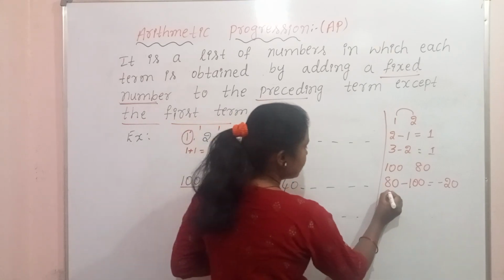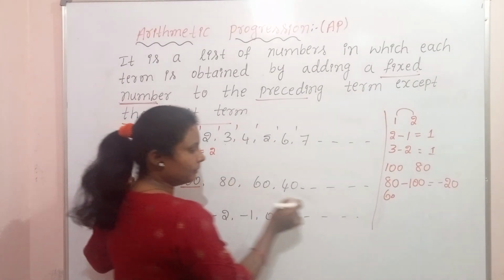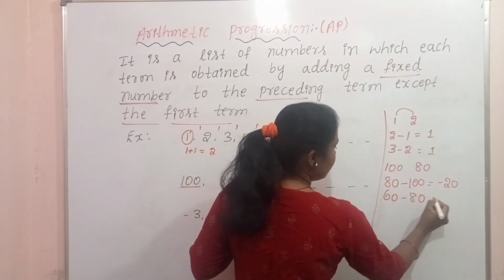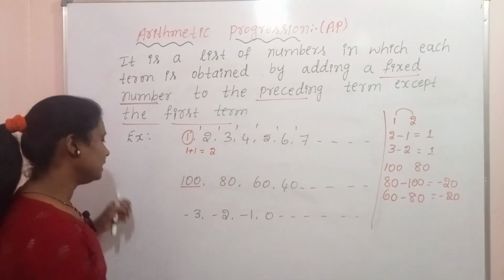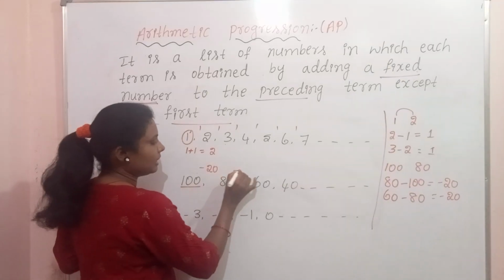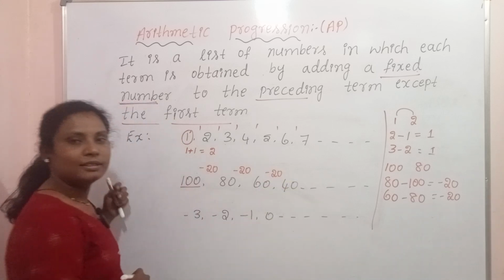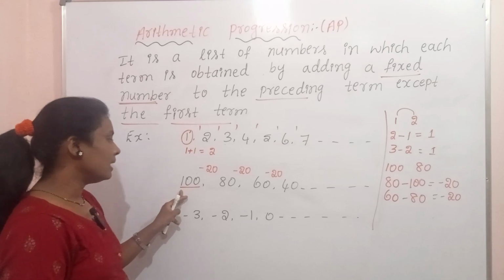Like that, 60 is the next term: 60 minus 80. Again the same procedure: minus 20. Here the fixed number, or we call it the common difference, is the same, that is minus 20.